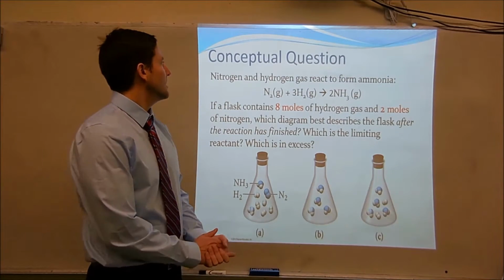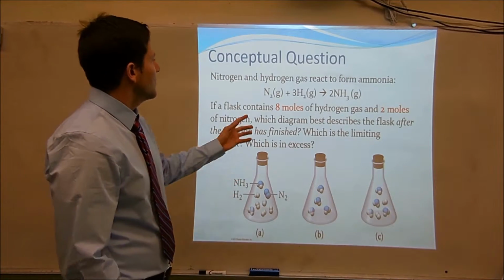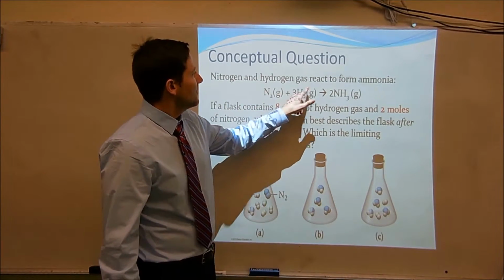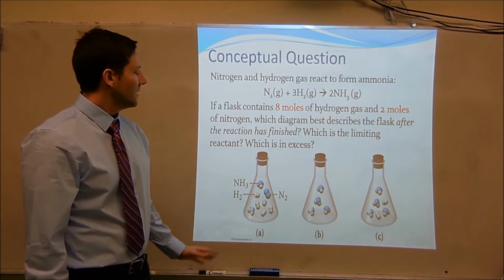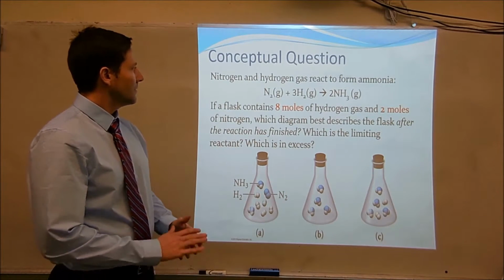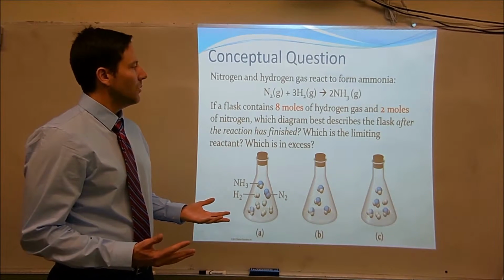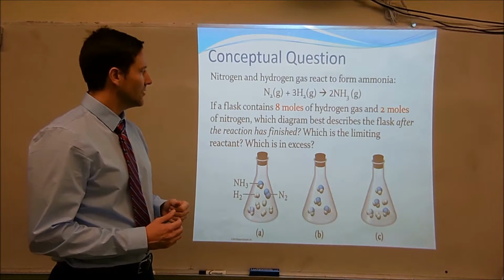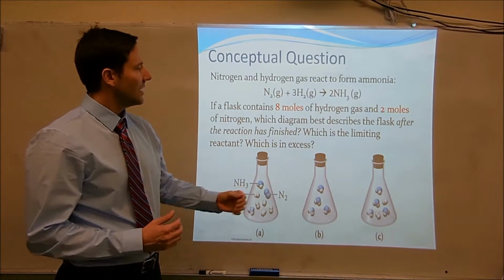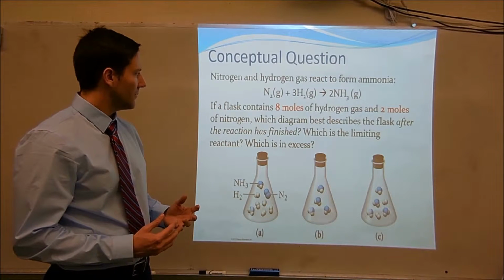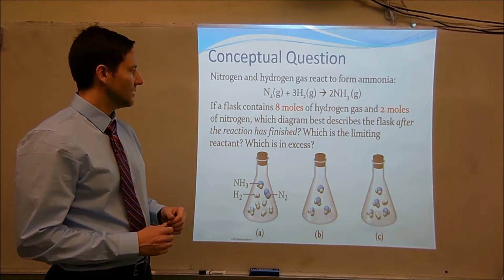Here's a conceptual question. Chemical reaction, nitrogen and hydrogen react to form ammonia. You have 3 flasks here. If a flask contains 8 moles of hydrogen gas and 2 moles of nitrogen gas, which of these diagrams would best describe the flask after the reaction is finished?